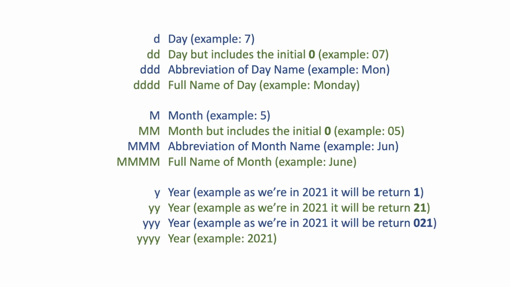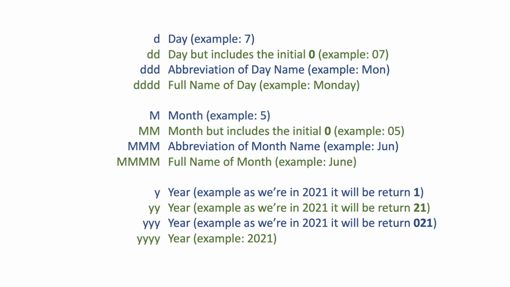Well, we can just get 5 back by passing through M. But in our instance, if we wanted to get 05 to be consistent, maybe you've got a requirement that needs to have 2 digits for a month, then you can get the initial 0 by passing through MM.